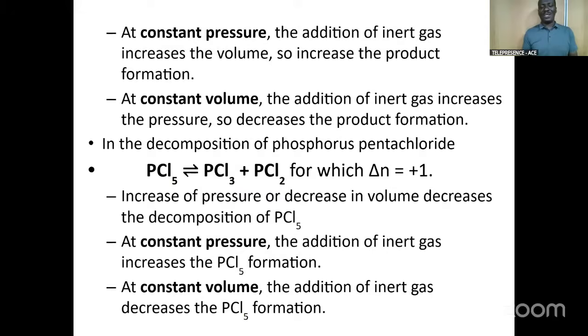And so therefore, increasing volume favors the decomposition of phosphorus pentachloride. That is, it will favor product formation. And of course, decreasing the volume will shift the equilibrium to the left, favoring the formation of PCl5. Okay, so that's how the change in volume and pressure affects this system at equilibrium.